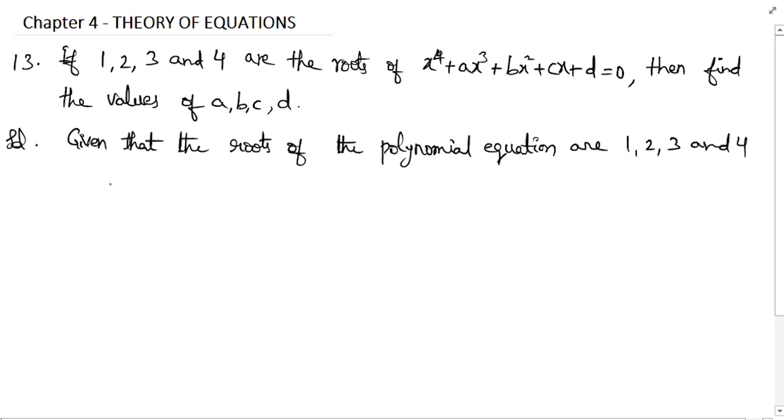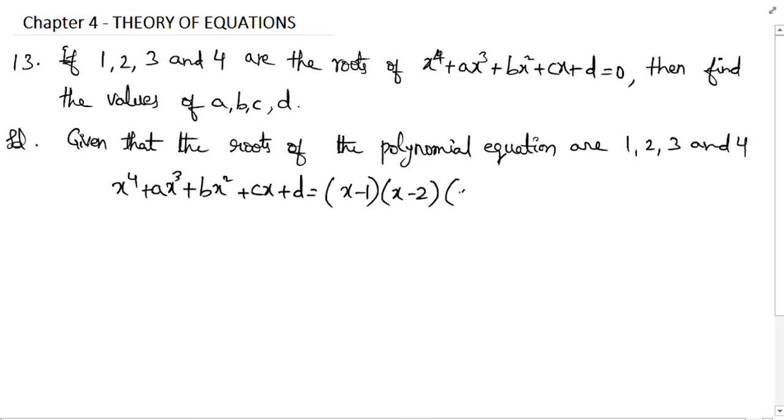So now the equation is x power 4 plus ax cube plus bx square plus cx plus d is equal to, we will write this as (x minus 1) into (x minus 2) into (x minus 3) into (x minus 4) is equal to 0.